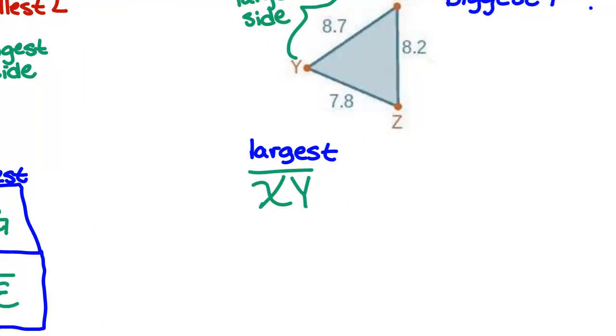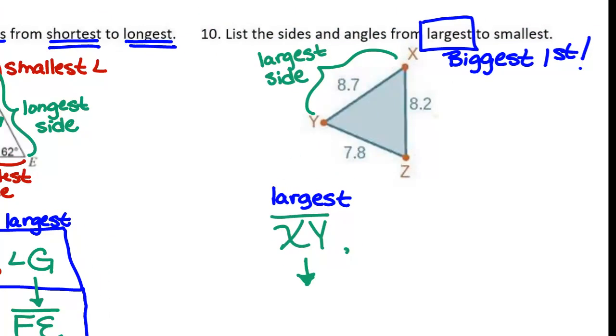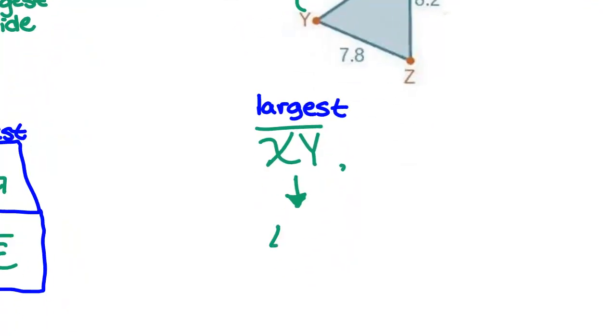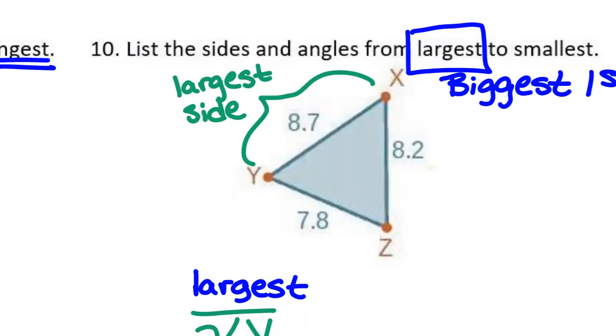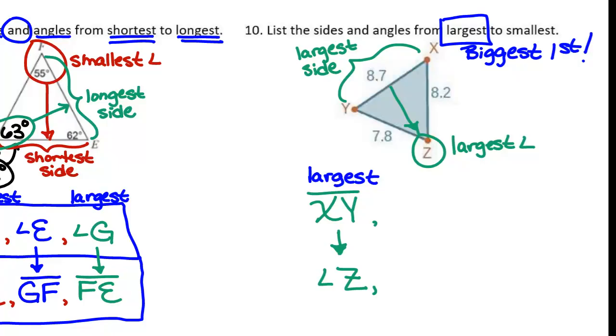So I could kind of do the angles at the same time, right? Because if I know which is the largest side, I know the angle that is opposite that is my largest angle. So what's my largest angle? Z. Angle Z. All right, let's do the middle-sized side next.